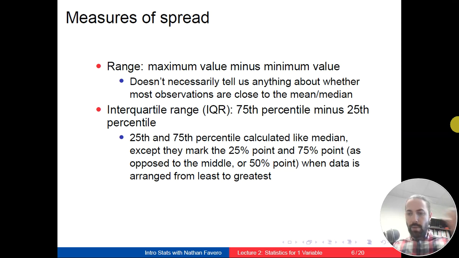Just to remind you, we talked about percentiles last week. The 25th and 75th percentile are calculated like the median, where we line the data up from smallest to largest, except that the 25th and 75th percentile mark the 25% point and the 75% point within the data when it's arranged from least to greatest.